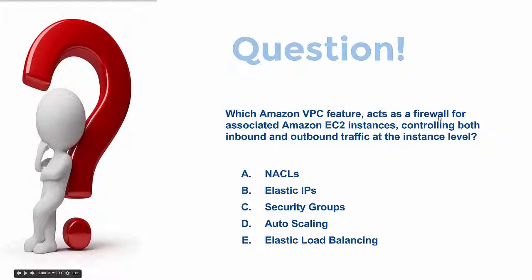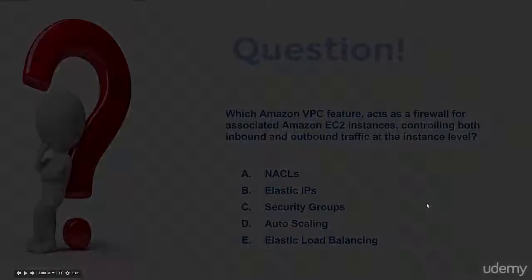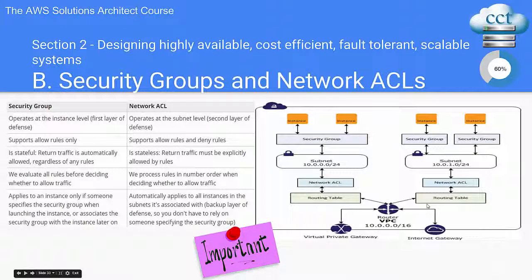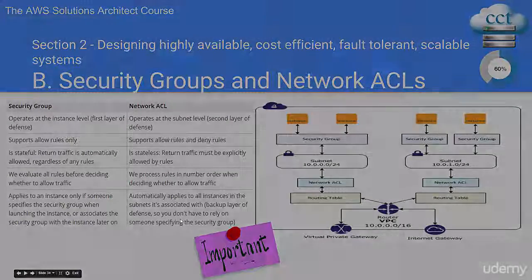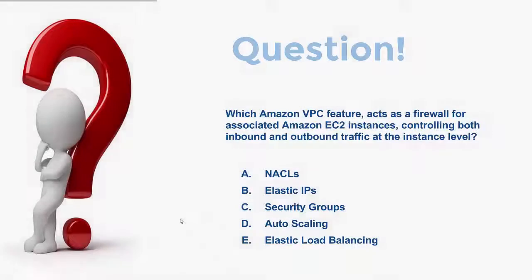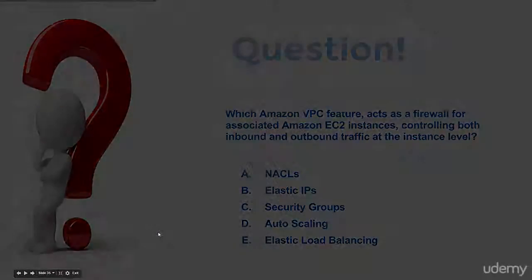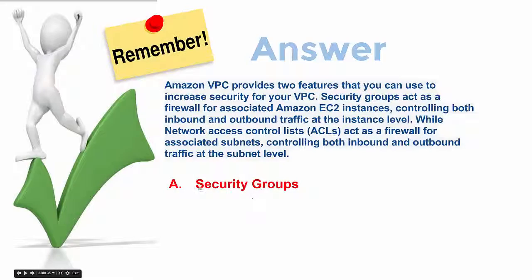So which one acts as a firewall and is associated at the instance level? If we were to go back and have a look, security group operates at the instance level. So I think that's going to be our answer. And that is correct. The answer is security groups.